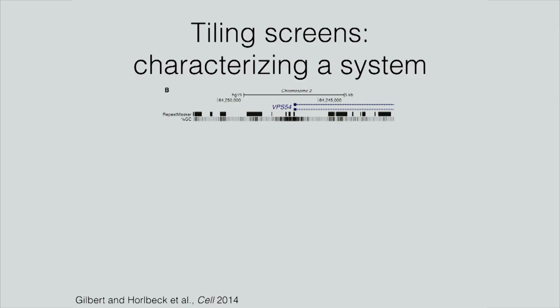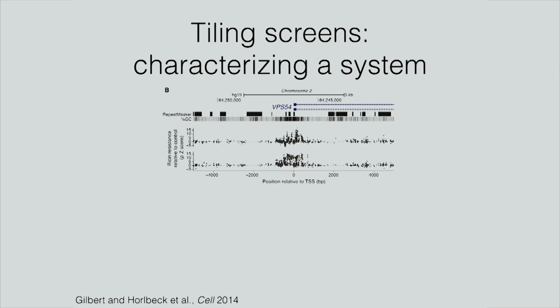So I alluded earlier to tiling screens. If you can look at every single guide that could possibly exist along a gene body or along a TSS, you can both figure out what is making your system work and use this as a really powerful benchmark for any machine learning.